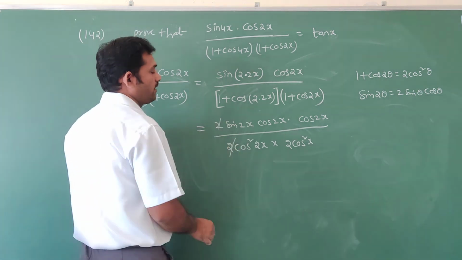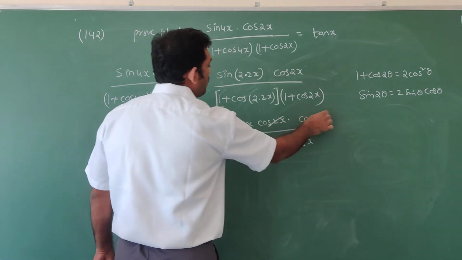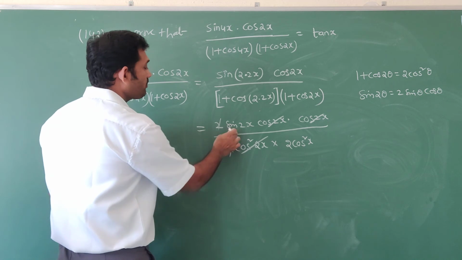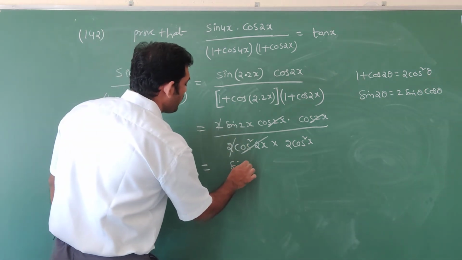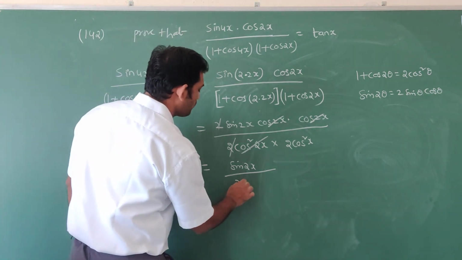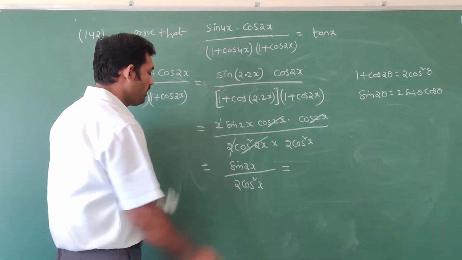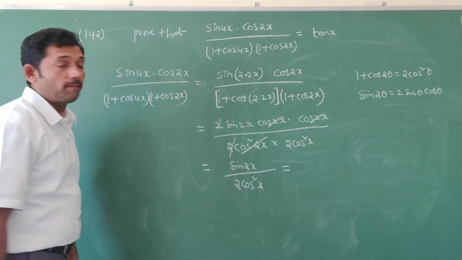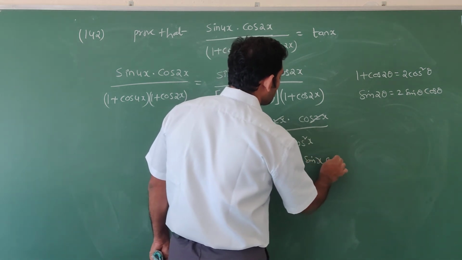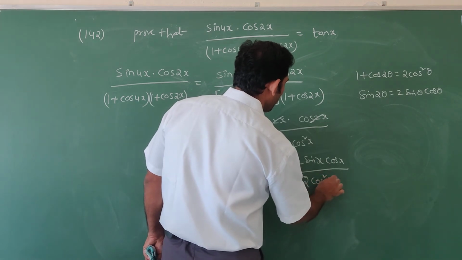Now the 2 gets cancelled, and cos 2x, cos square 2x will be cancelled. Remaining in the numerator is sin 2x, divided by 2 cos square x. Now expand sin 2x using the formula: 2 sin x cos x divided by 2 cos square x.